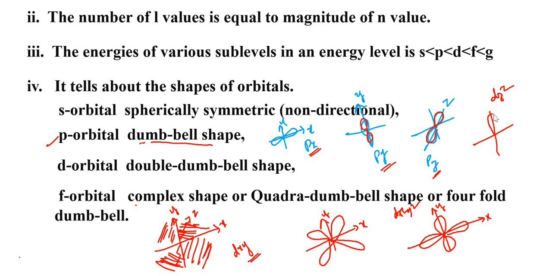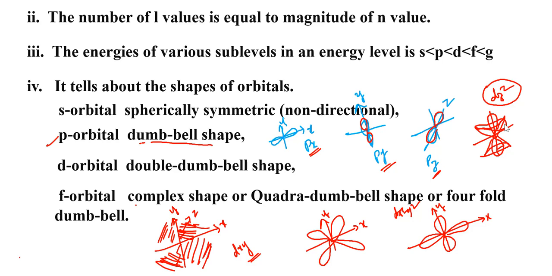dz square looks like a dumbbell shape only. लेकिन एक extra चीज ये है, एक cone shape में रहता है इधर. Okay, this type of cone shape is there. There is no double dumbbell shape here. dz square is completely different, neither p orbital nor d orbital shape.